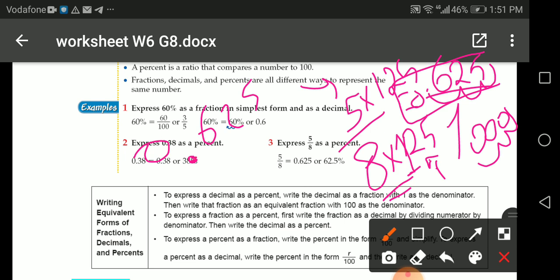I want to convert it into a percent. It's very easy to do so. In other words, I want the denominator to be 100 instead of 1000. What should I do to make this 100? I will change the decimal place.